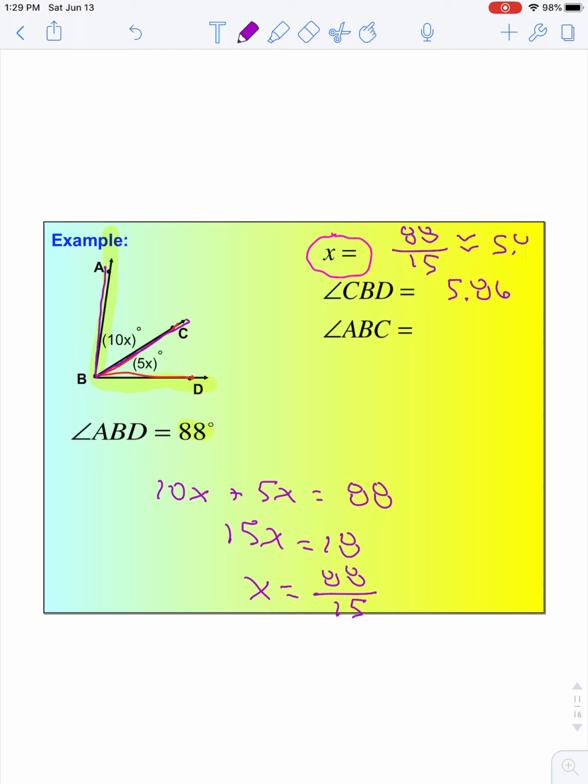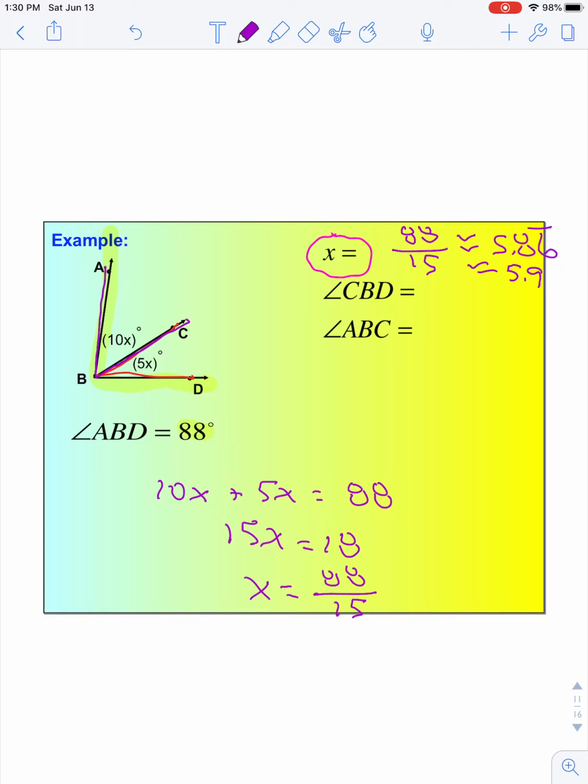Oops, wrote that in the wrong place here. I'll erase that in a minute. Or if you want to use 5.9, that's fine. But usually if they don't tell us, we usually round to 2 decimal places. But we could also approximate this for simplicity at 5.9.